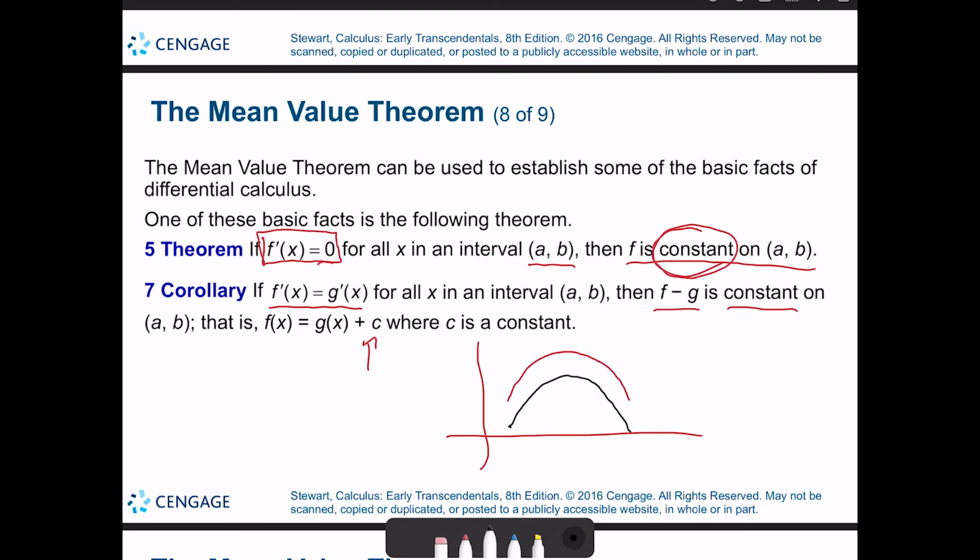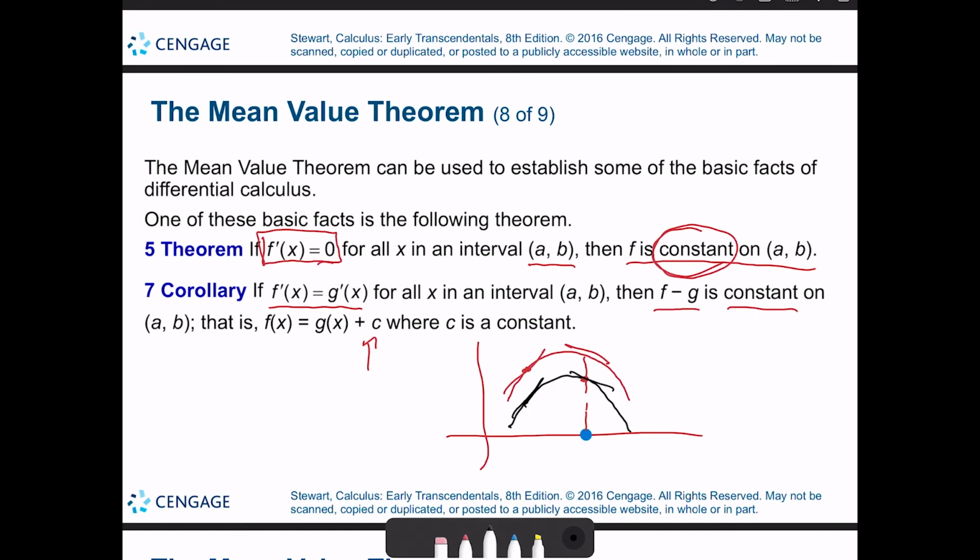The slope of the tangent line here is the same as the slope of the tangent line here. Let's pick another x coordinate. How about this one? The slope of the tangent line here is the same as the slope of the tangent line here. So that's what the corollary is telling us.